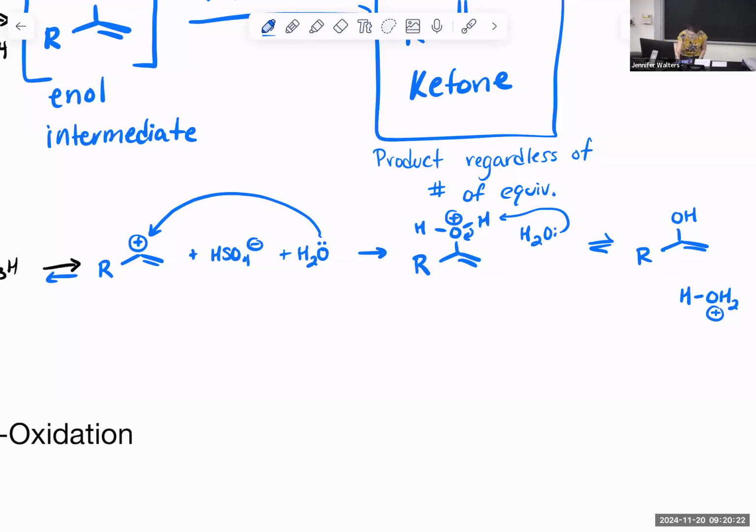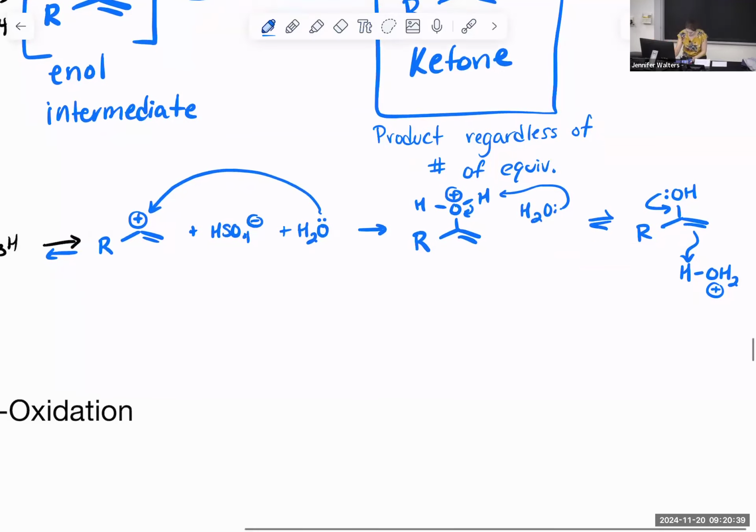But what's happening is instead of it just being the pi bond attacking on its own, this oxygen comes down and is going to push out that pi bond, right? Because it's not a normal alkene.